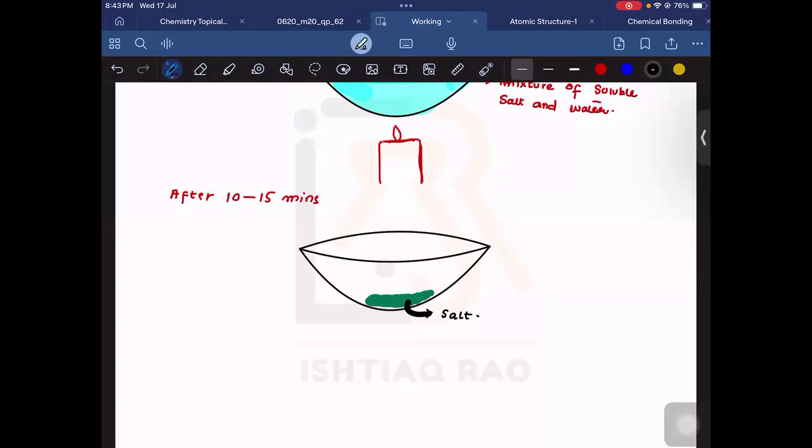So what should I do so that I can separate the salt but without the loss of water? Can you tell me what we are supposed to do so that we can easily separate the salt without the loss of water molecules? Yes, Huria, can you tell me?